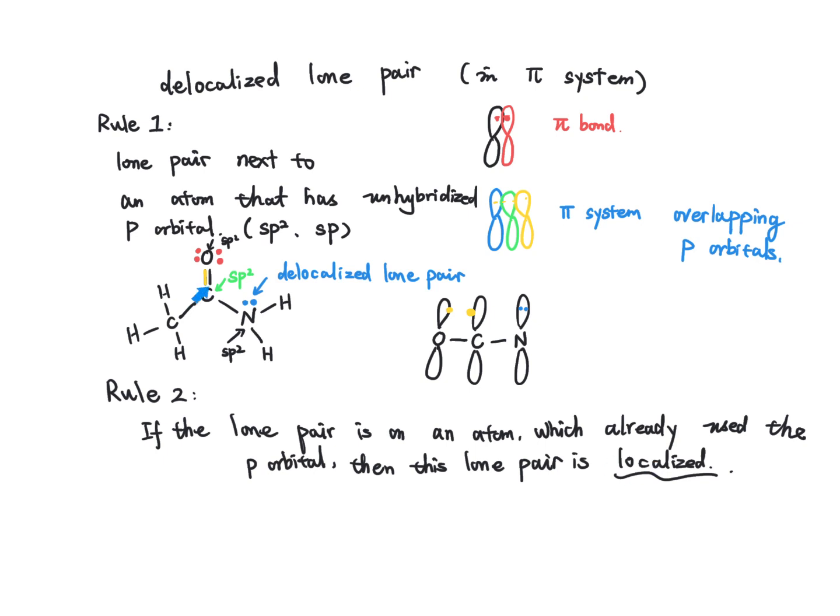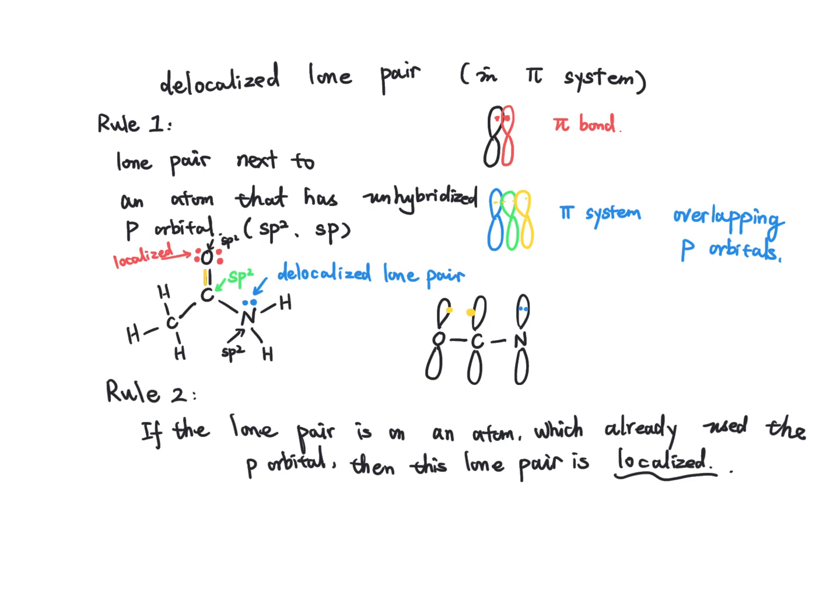An example is right here: this oxygen has these 2 lone pairs. Because this oxygen already used up its p orbital to form the pi bond, these 2 lone pairs are localized. Because they are localized, they cannot be delocalized.